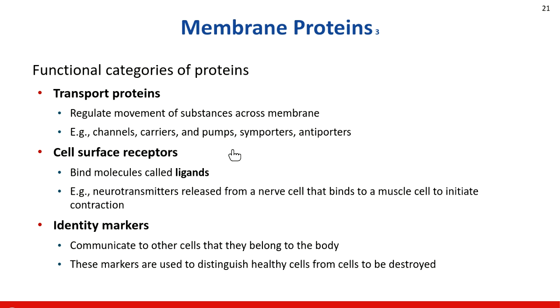All right, the next function of a membrane protein is cell surface receptors. I want you to think of a lock and a key when we talk about cell surface receptors. You have a lock, and in order to open that lock, you need the key. Another name for a key when we're talking about cell surface receptors is ligands.